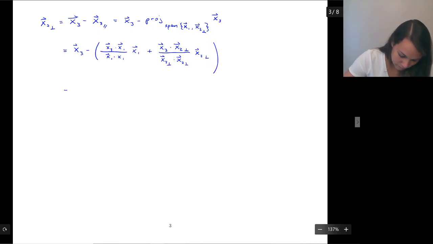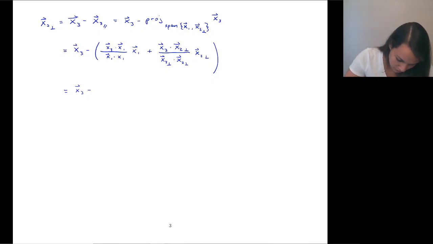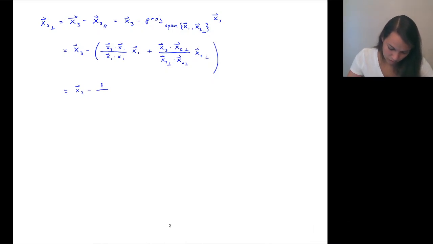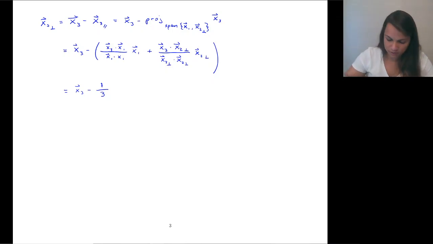Okay. We're about to take a lot of dot products. So x3 minus, and then let's see, x3 dotted with x1 is going to end up giving us a 1. And then x1 dotted with x1 is 3, because remember, x1 was the 1, 1, 1 vector.